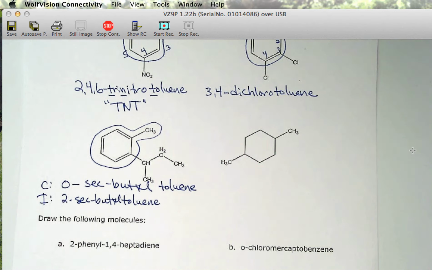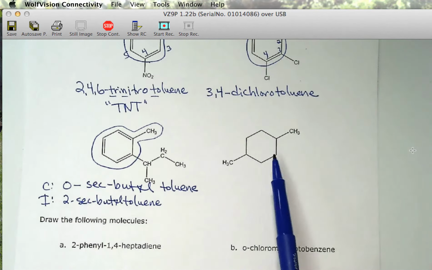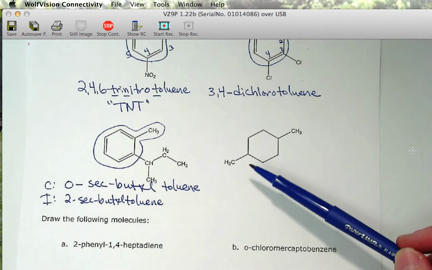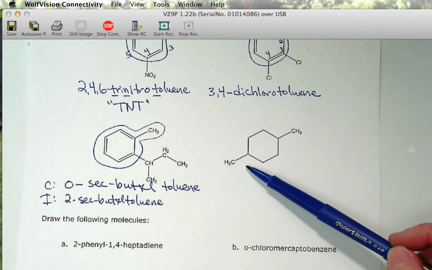Now once we get to this point, and I know you guys have had a long week, tired, cross-eyed, a lot of times students will say, oh, I know this one. This is para-methyltoluene. No, why not? You know it's not right. No double bonds. It's a cyclohexane.